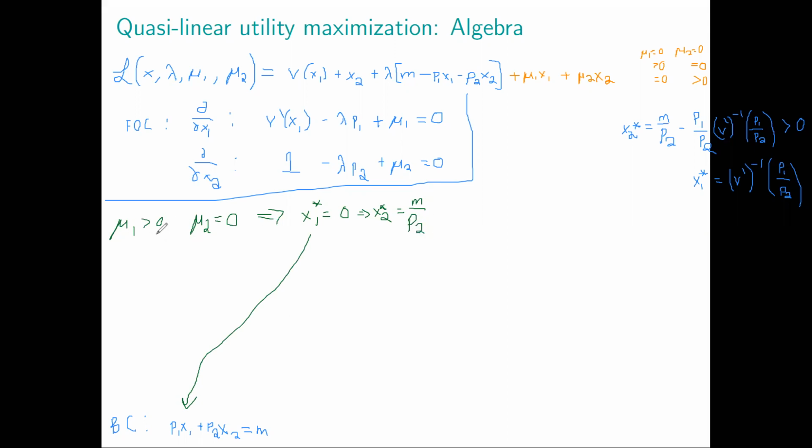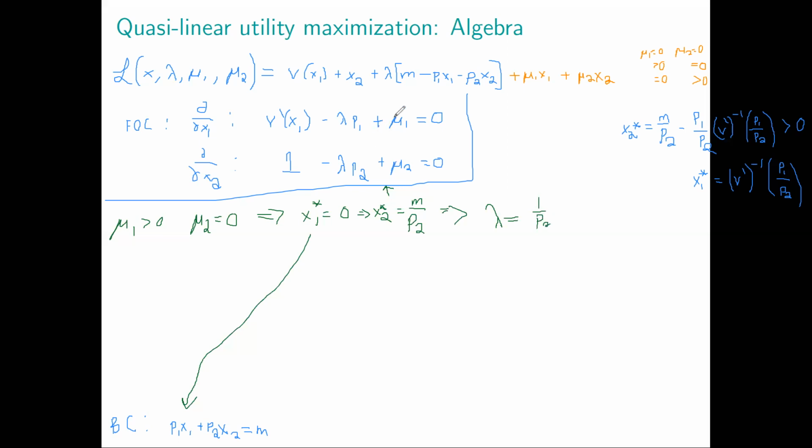However, the issue is we don't really know when this occurs yet, right? So the way we get this is we start to plug this information into the first order conditions, right? So if we do this, here again, we have mu2 is equal to 0. So this implies that lambda is equal to 1 over p2.